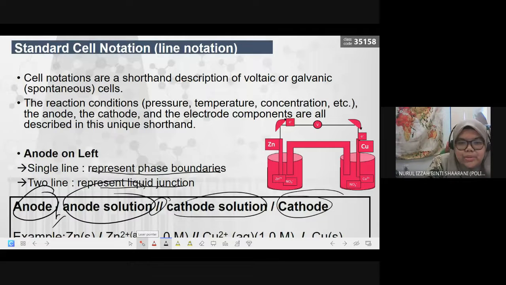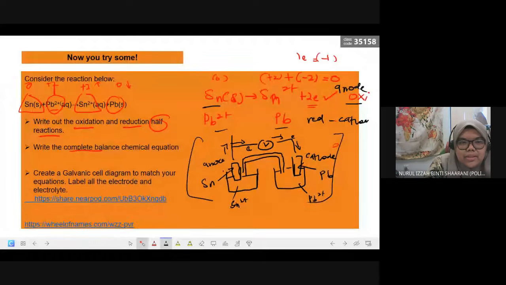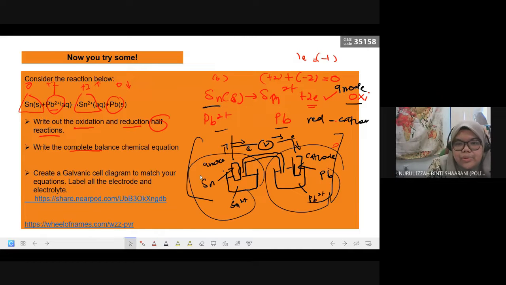So kita cuba buat cell notation ni towards this galvanic cell tadi. Kalau kita tengok side ni anode kita tadi, side ni kita punya cathode. Now how we are going to construct a cell notation from this galvanic cell? Mula-mula kita akan bermula dengan anode punya electrode. So Sn solid.